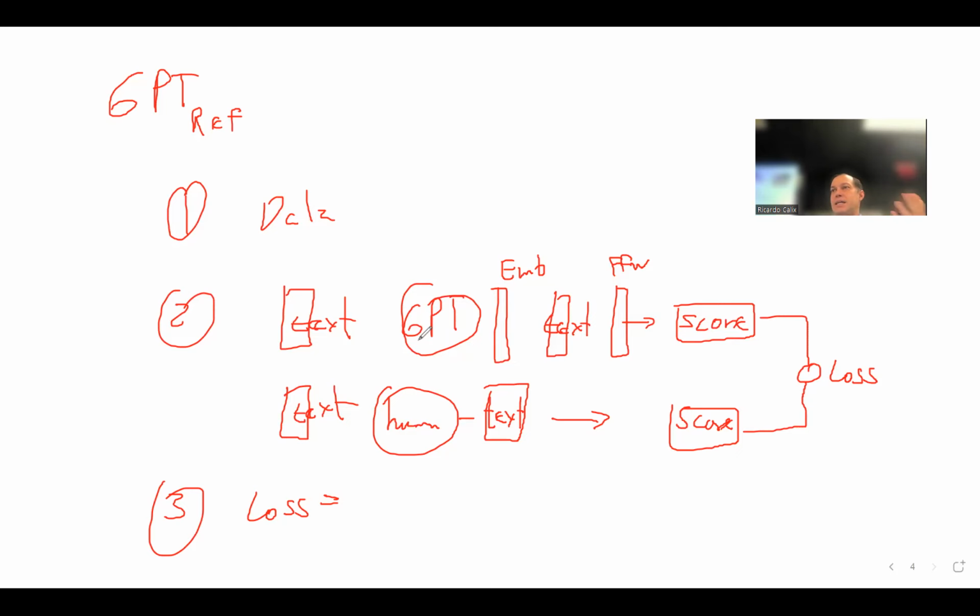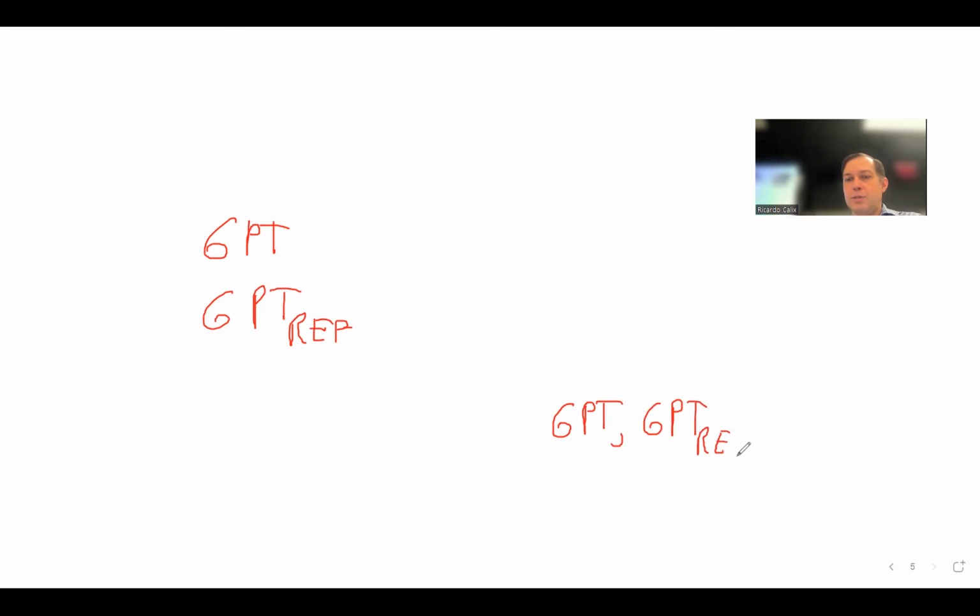And it's kind of like a distance function. Okay, so I'm going to just continue in the next page. All right, so remember, you're going to see this in the code. There's a GPT and there's going to be a GPT ref. This one does not change. It's the original one. During training, they're going to compare this GPT to the GPT ref to make sure that the weights are not changing that much.